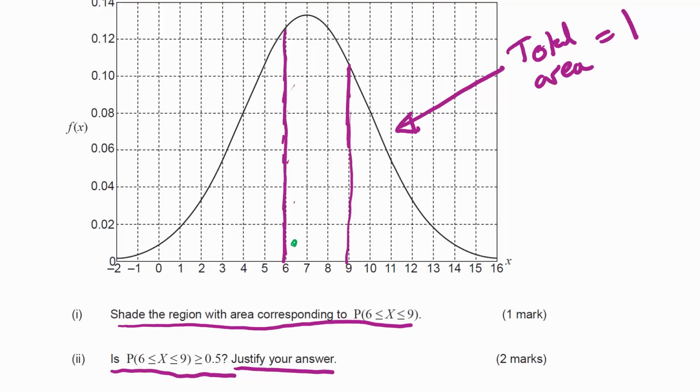So if we look inside, I've got 1, 2, 3, 4, 5, 6, 7, 8, 9, 10, 11, 12, 13, 14, 15, 16, 17. This one we'd count as it's more than half. And I think we'd probably count this one as being more than a half. So what did we say? We had 17, 18. So I'd say that's approximately 19 squares there.